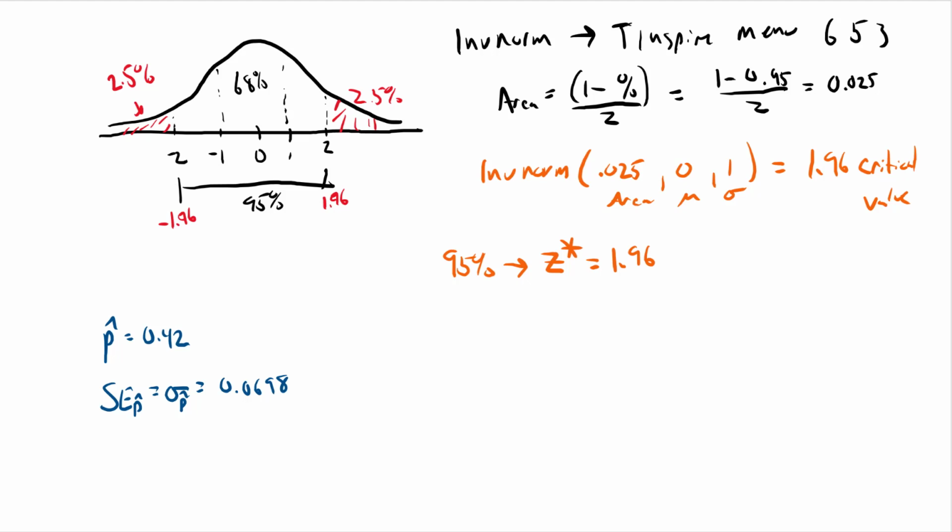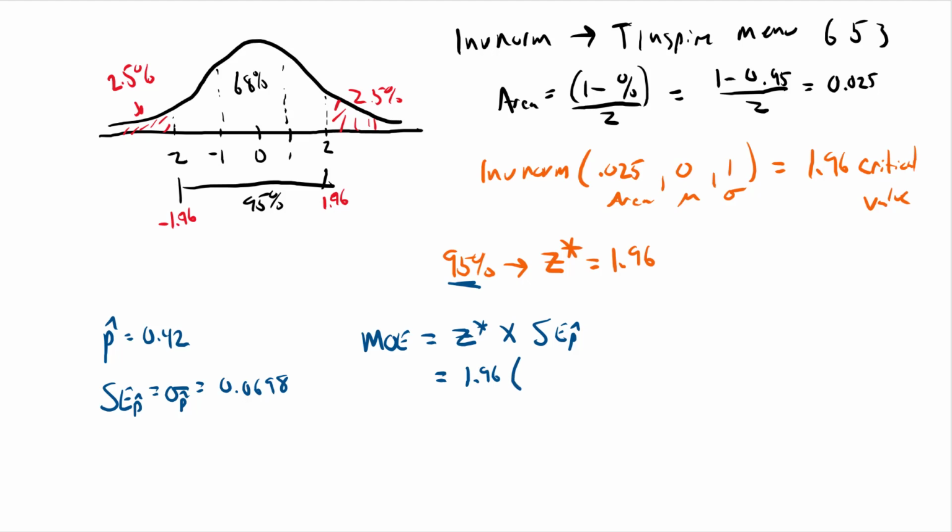And now we need to find out our margin of error. So again, our margin of error is going to be our Z star times our standard error. So if we're 95% confident here, we know our Z star is 1.96.